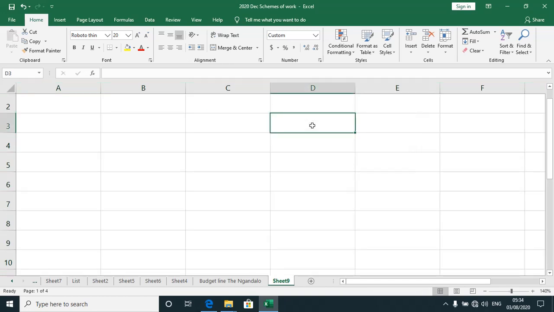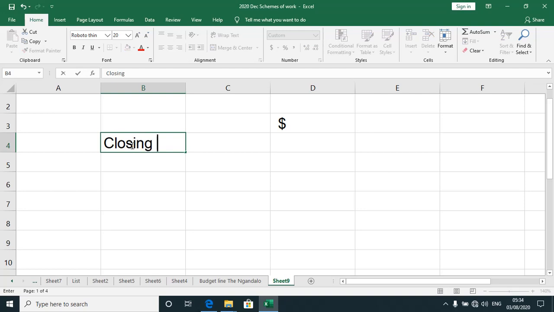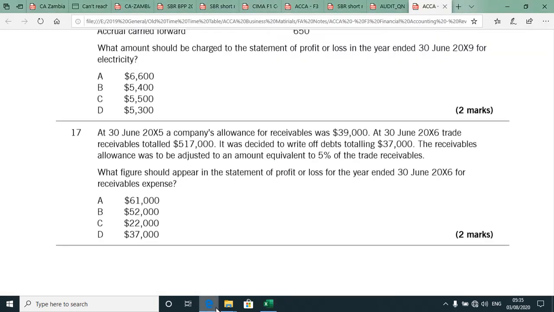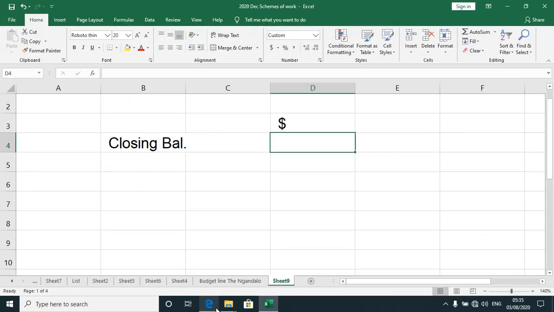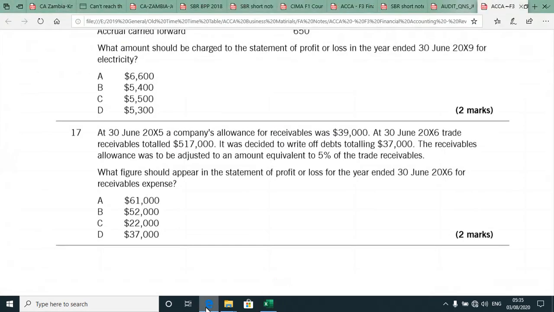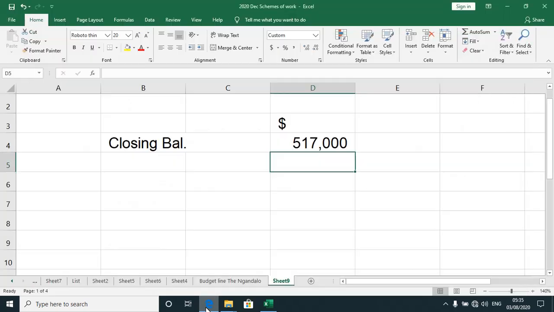So what do we have? Dollar sign, of course, brought forward, if I may, closing balance for receivables. How much do we have? 517,000. Okay, that's 517,000. That was quick. Then we are told in the question it was decided to write off 37,000.